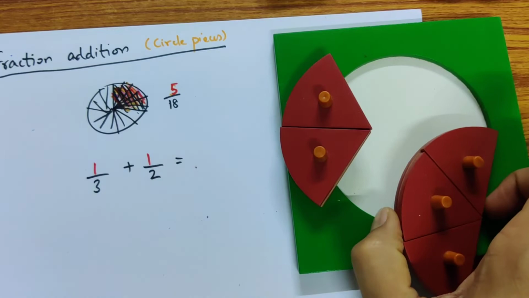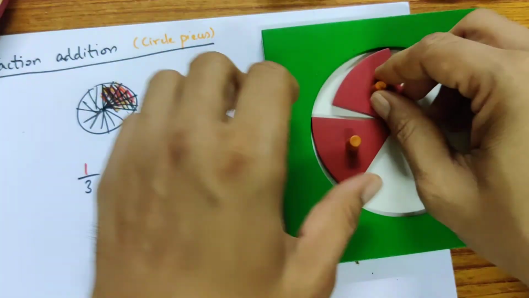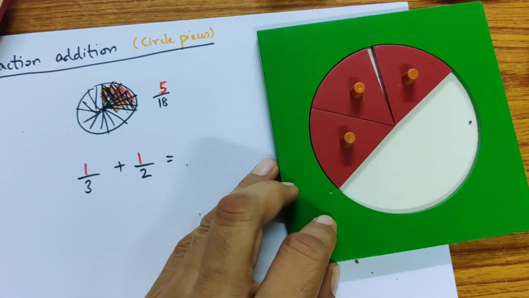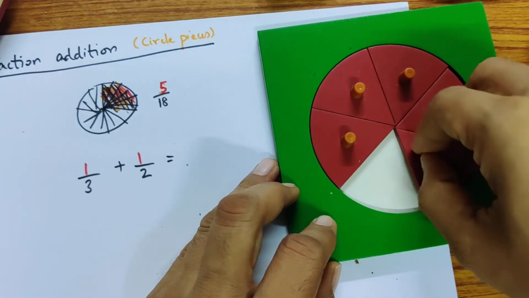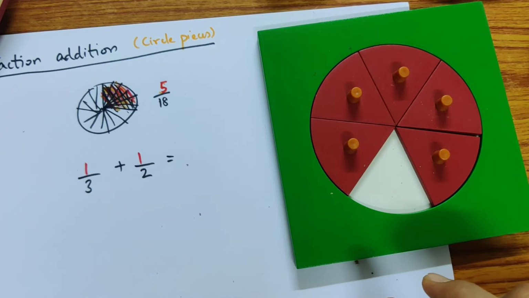Now if I add them, it's fair to say that half plus 1/3, that shape that we could not tell what it was before, we can tell what it is now. It is 5 out of 6.